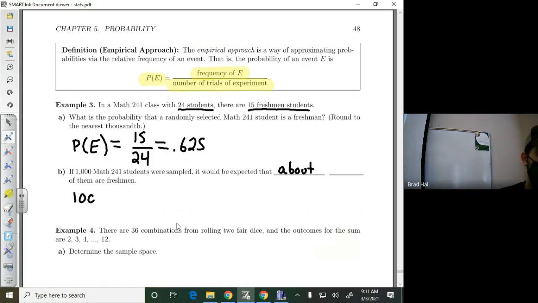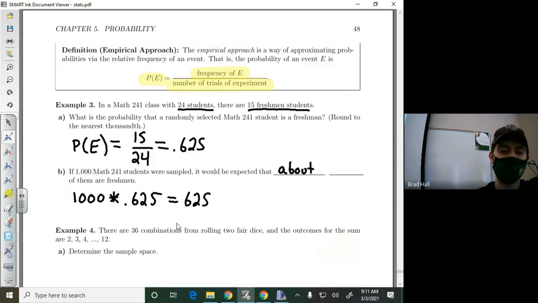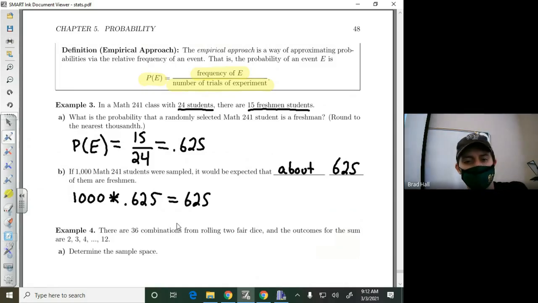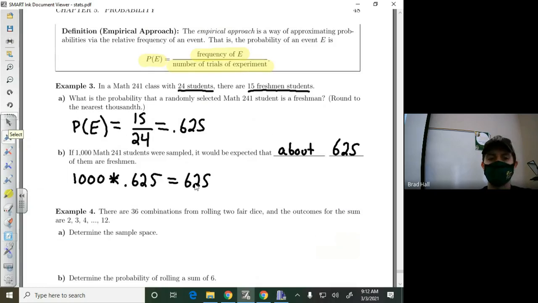If there's 1,000 students and you approximated the proportion to be 0.625, then this multiplication is going to tell you how many students you would expect to be freshmen: about 625. If there were 100 students, it would be 62.5, which you would just simply round up to 63. So that's the empirical approach.